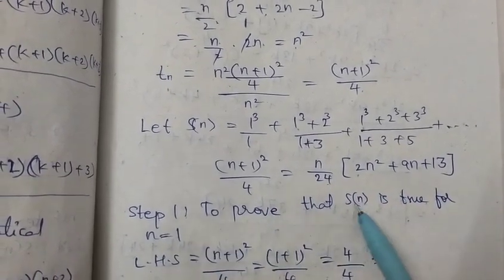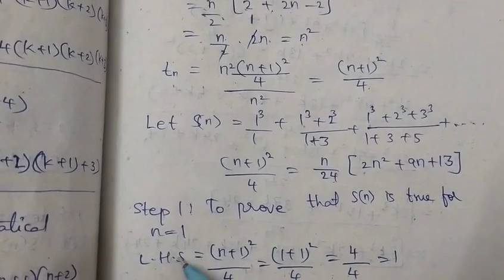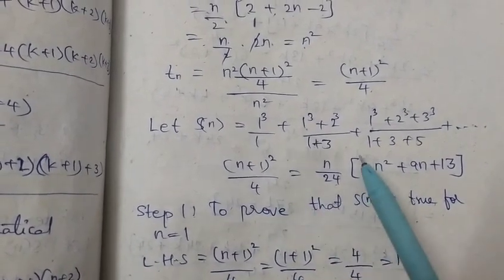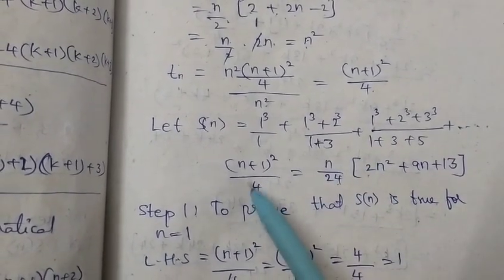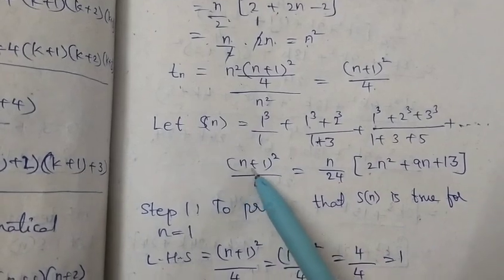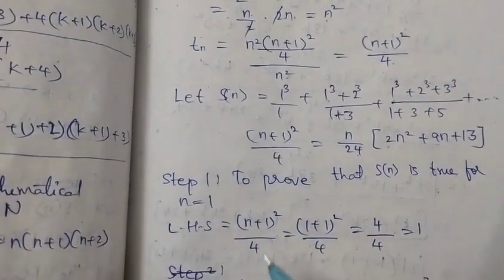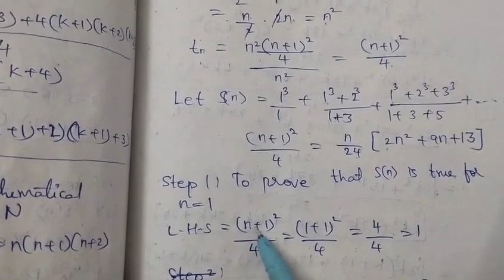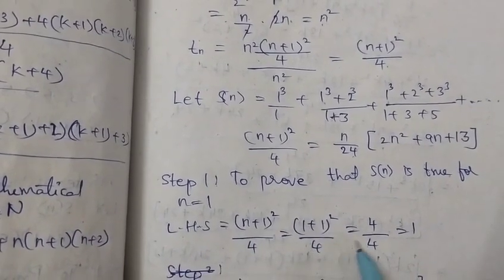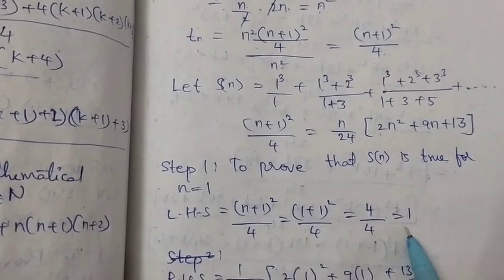Step 1: prove that the statement S of n is true for n equals 1. Simply substitute n equals 1 in the nth term. You will get 1 plus 1 whole square divided by 4, that is 4 divided by 4, which is equal to 1.